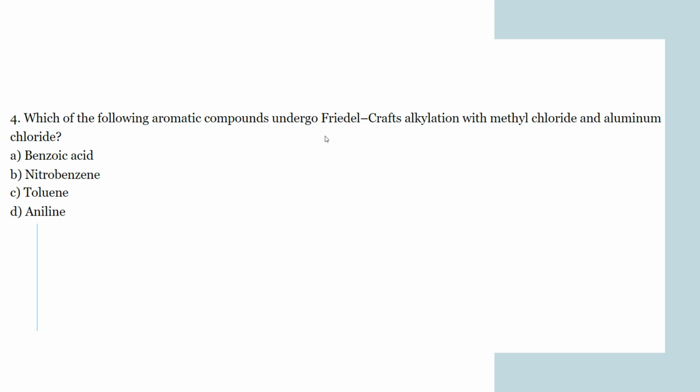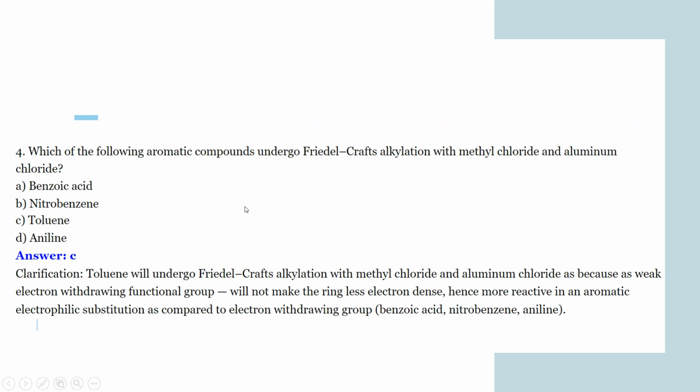Then in the next question, we talked about these four substrates and how only toluene out of these underwent a Friedel-Crafts alkylation. In this question we stressed the fact that aniline formed a salt with the Lewis acid aluminium chloride in the reaction condition.